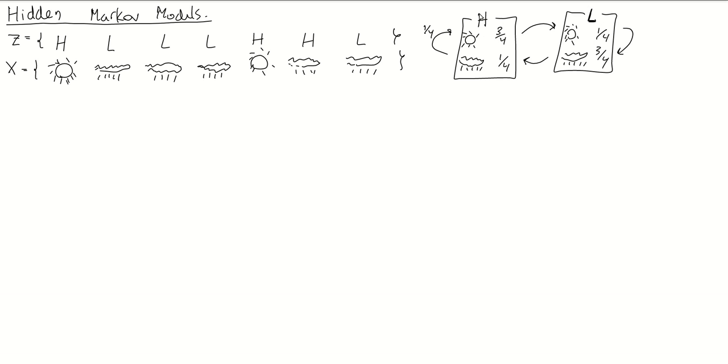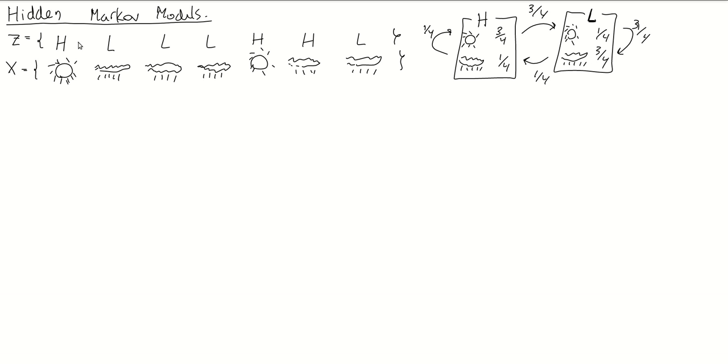Then if we're in a high pressure state, the probability of going to a low pressure state might be say 3/4, and if we're in a low pressure state, maybe it stays in a low pressure state. So this would give us a lot of rain. Very likely we have rain, and it's very likely we just stay in this state.